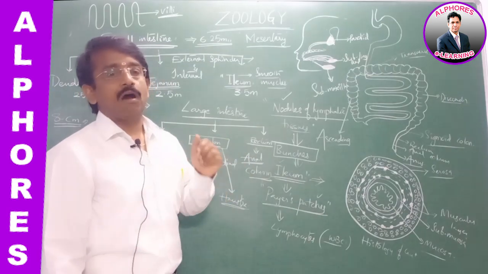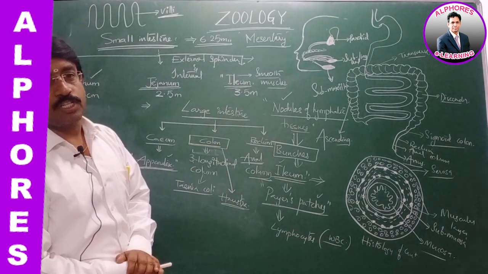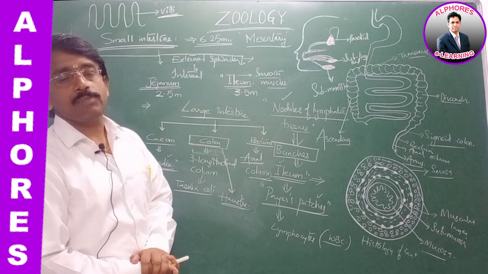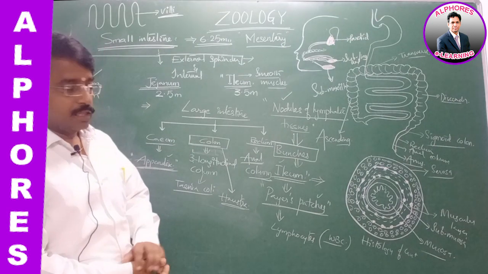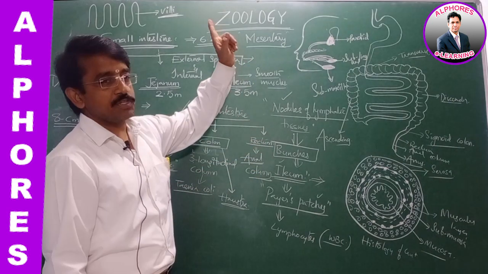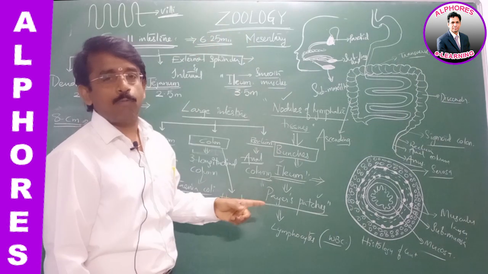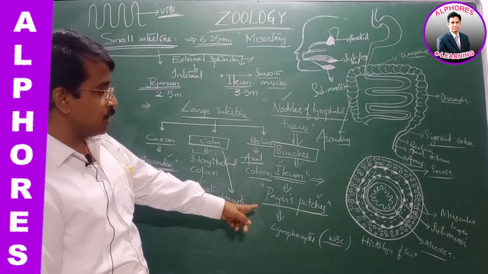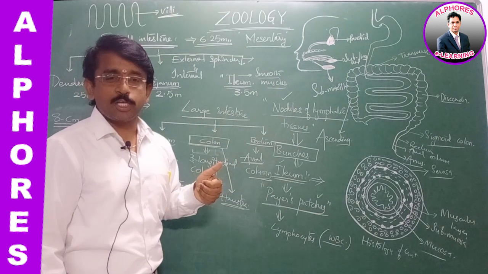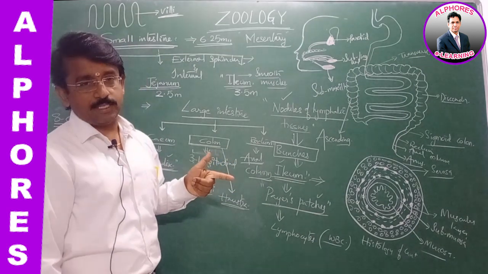The lymphatic system includes primary lymphoid organs and secondary lymphoid organs. The primary lymphoid organs are the bone marrow and thymus. Secondary lymphoid organs include Peyer's patches and tonsils.